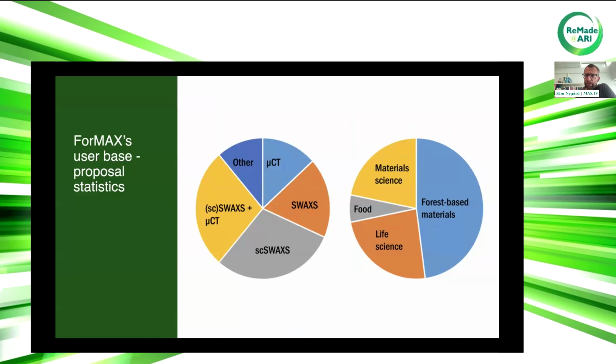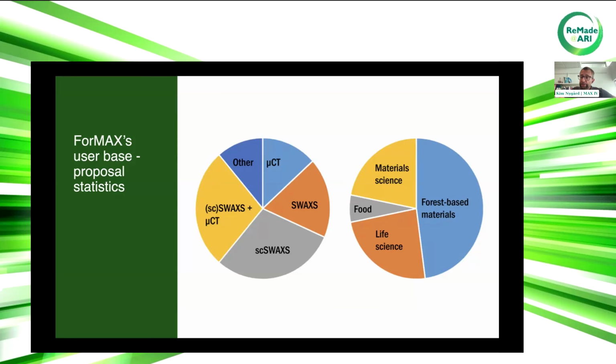I thought I'd give you some idea about the breadth of applications where these techniques are used. So this is now proposal statistics for the Formax beamline to date. On the left, you see the distribution of techniques that our users are asking for.